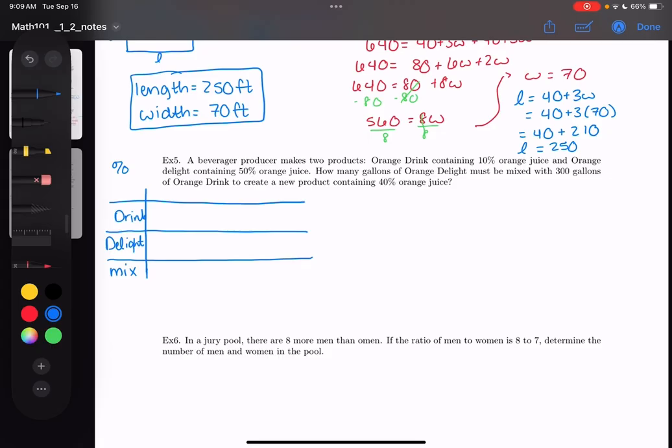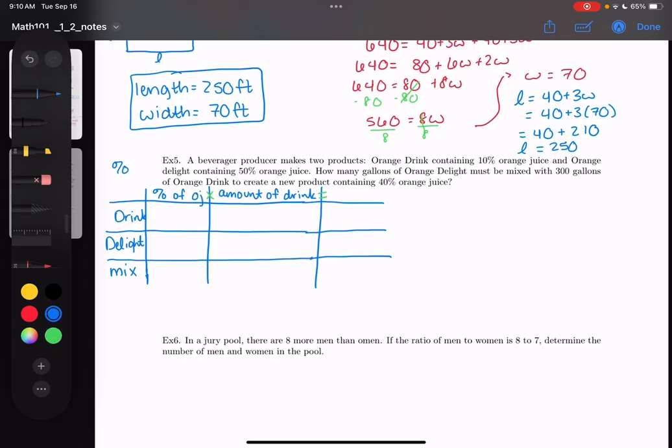Now at the top, I have my percentage of orange juice. I have the amount of the drink that we're dealing with. And it's very similar to the rate and distance. We're going to multiply these together to get something else.